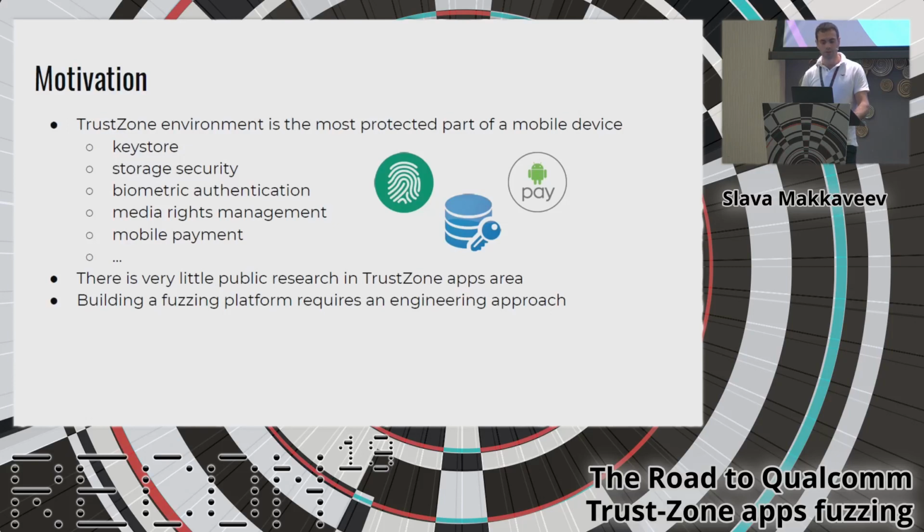Such critical features as keystore, secure storage, authentication, rights management, and mobile payment are parts of the trusted execution environment. Besides, there is very little public research in the TrustZone application area, and there is nothing in the field of Qualcomm trusted apps fuzzing.